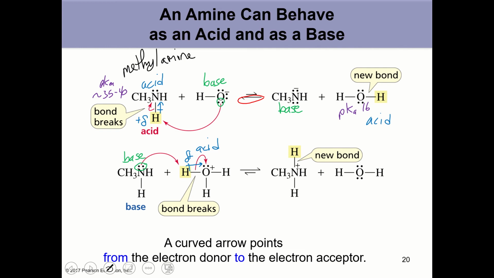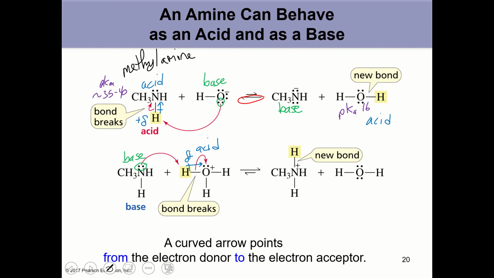And as we said, the larger pKa acid is favored. So equilibrium favors formation of the acid with the higher pKa. Therefore, the book is correct. In the case of methylamine acting as an acid with hydroxide, the reactants are favored.